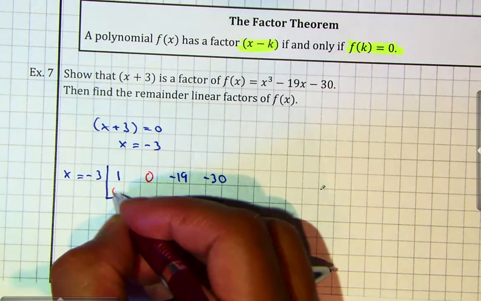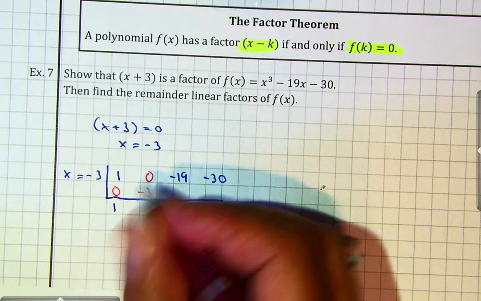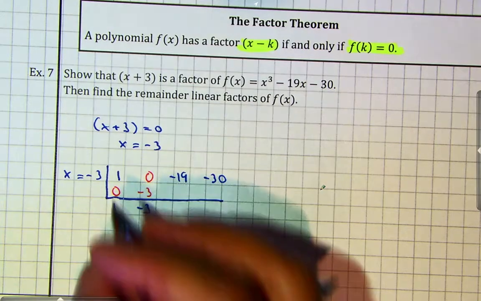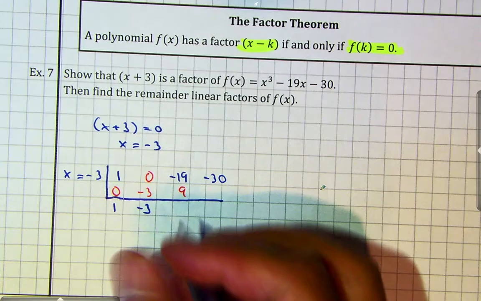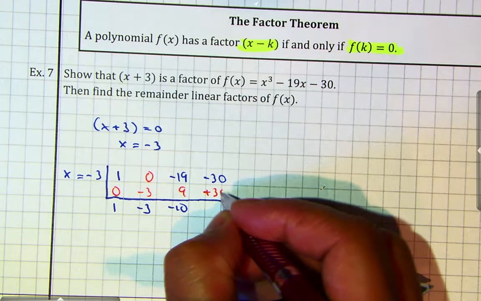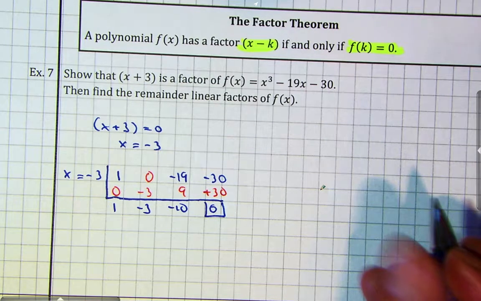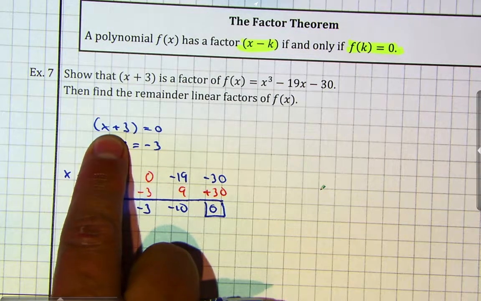So it gives you 0. Add gives you 1. Multiply. Add. Multiply. Add. Multiply. Add. Therefore, that gives me 0. Therefore, x plus 3 is a factor.